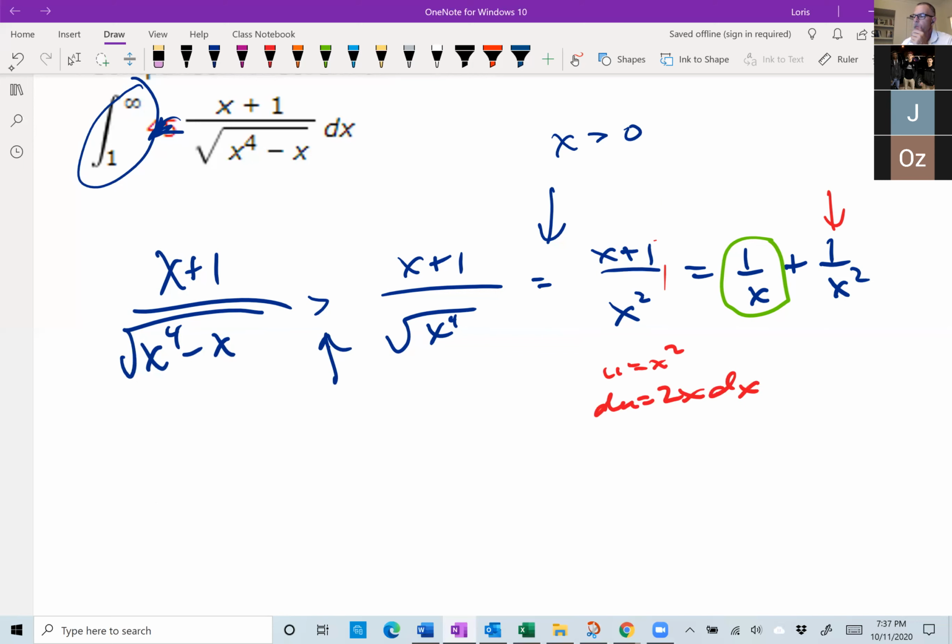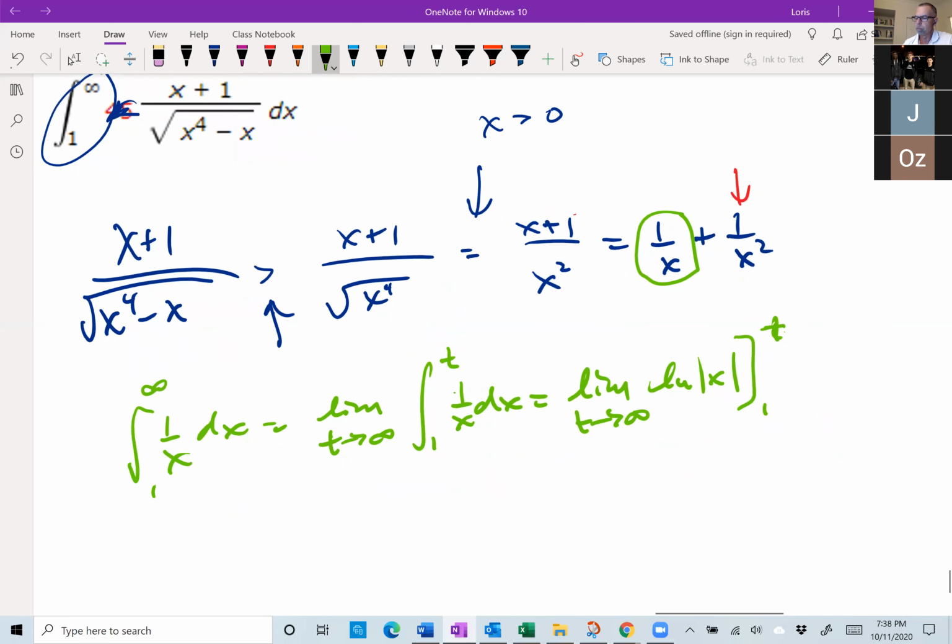Now plug in t and plug in 1. So this is limit as t goes to infinity of natural log of t, I don't need the absolute value because t is positive between 1 and infinity, minus natural log of 1. Natural log of 1 is 0. And what does the whole thing give us? When I plug in infinity into natural log, what do I get?